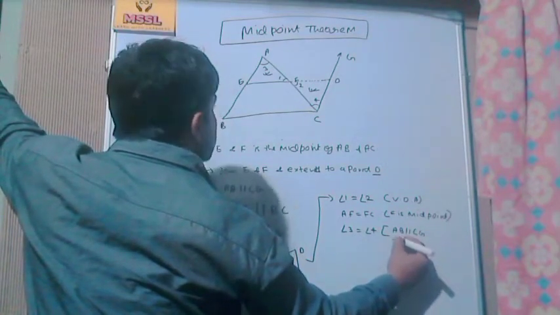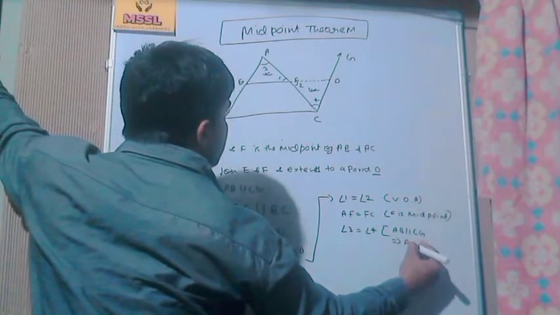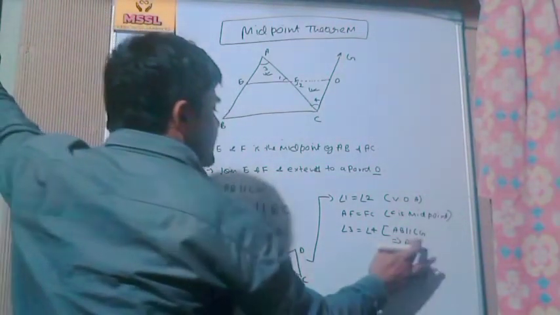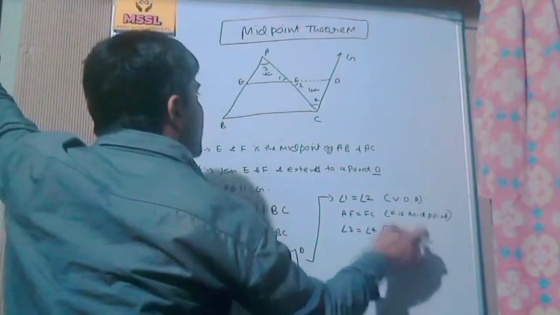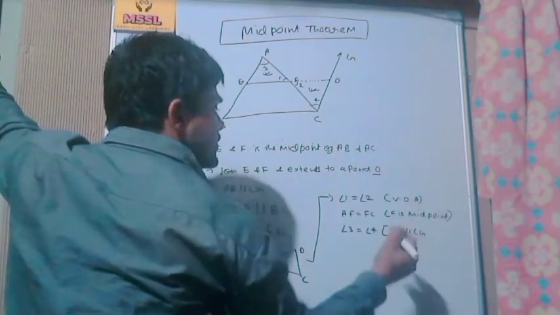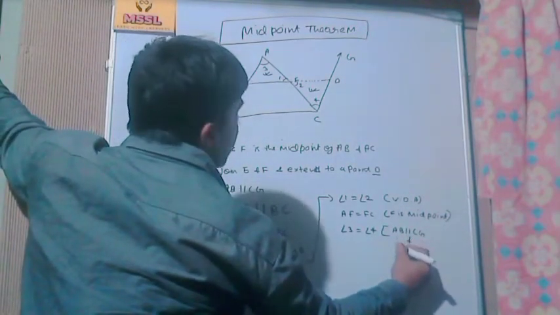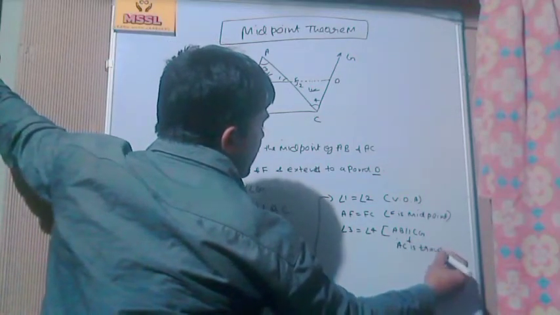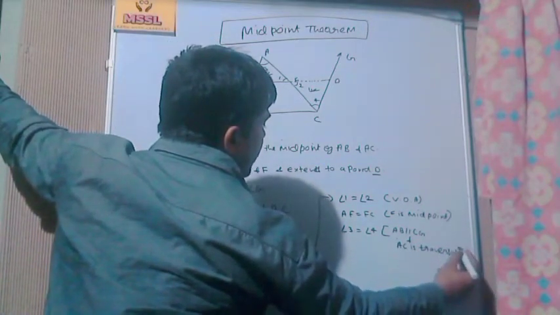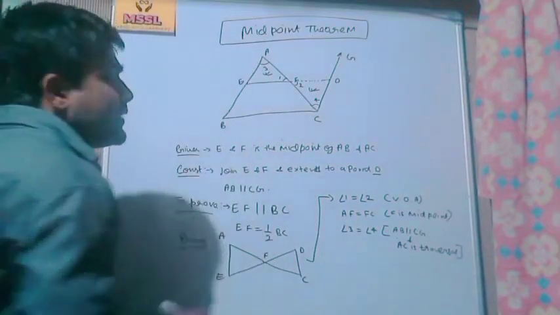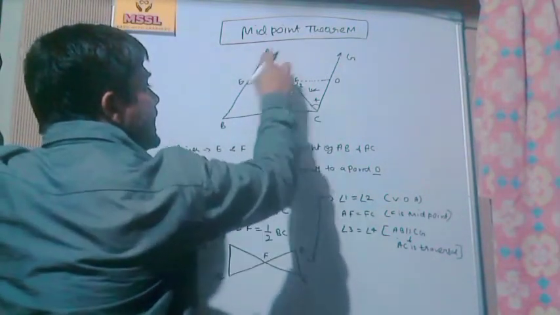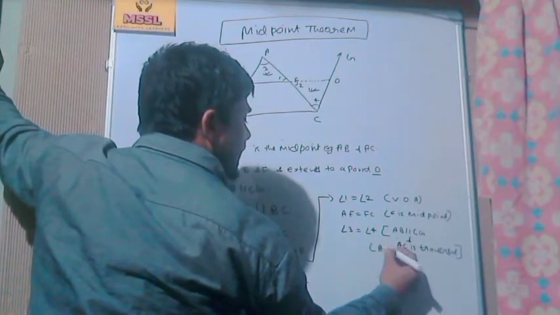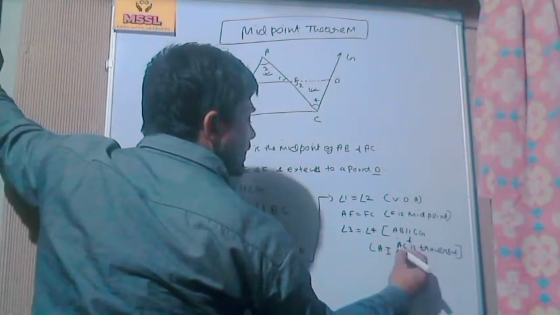AB is parallel to CG, and AC is a transversal line. That is the reason why we can say that angle 3 equals angle 4. That is nothing but alternate interior angles.